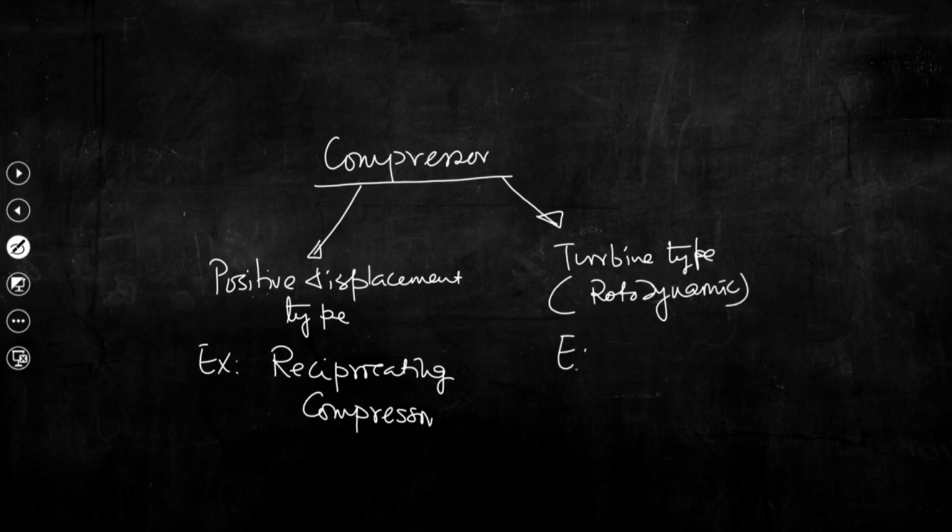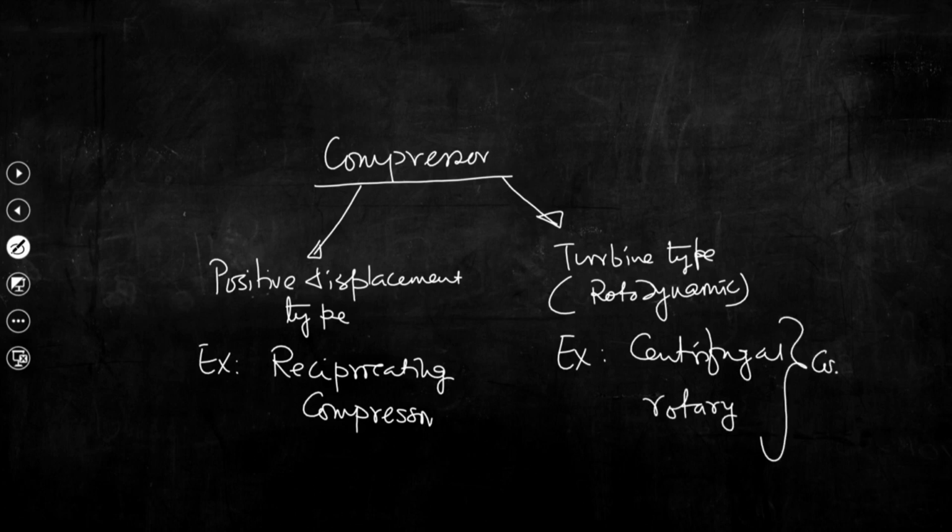So, examples are the centrifugal compressor and the rotary compressor. Right. So, these are two different types of compressors.